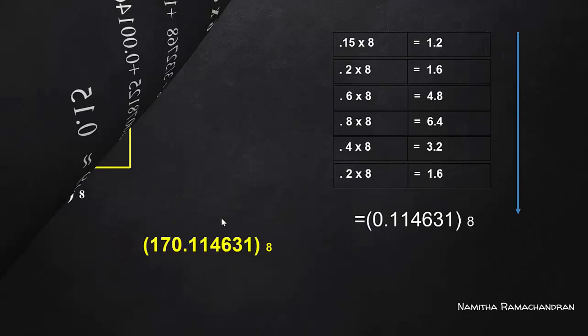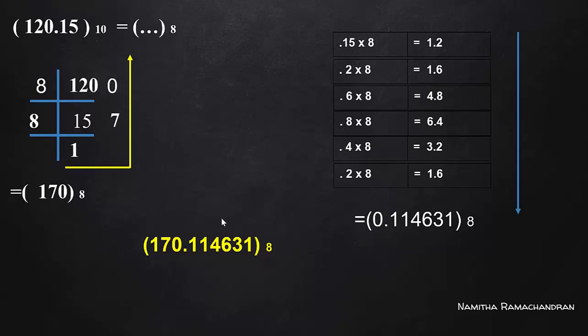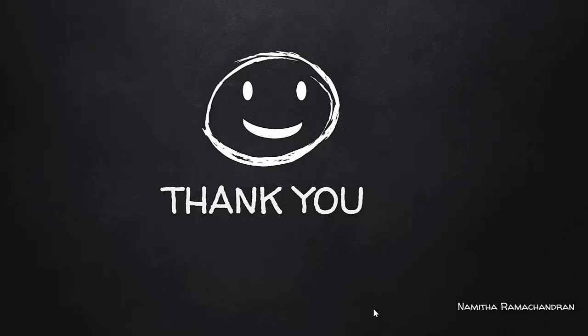If we need a more accurate result, or the exact equivalent of 0.15 in decimal, we need to consider more and more product terms. So all these are about the conversion of decimal to octal and octal to decimal. Okay, thank you.